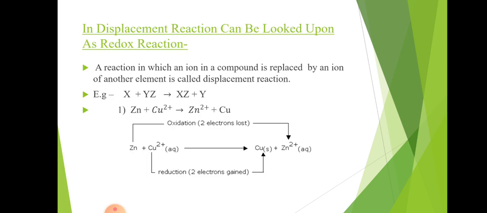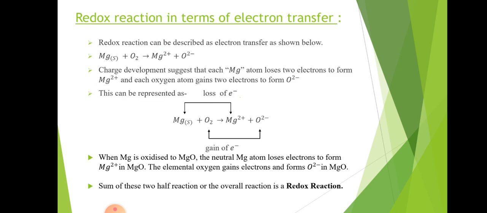For example, ferrous, that gives the ferrous ions plus 2 electrons, that is the half reaction, that means oxidation. Secondly, the copper ions plus 2 electrons, that gives the copper, that is a reduction.